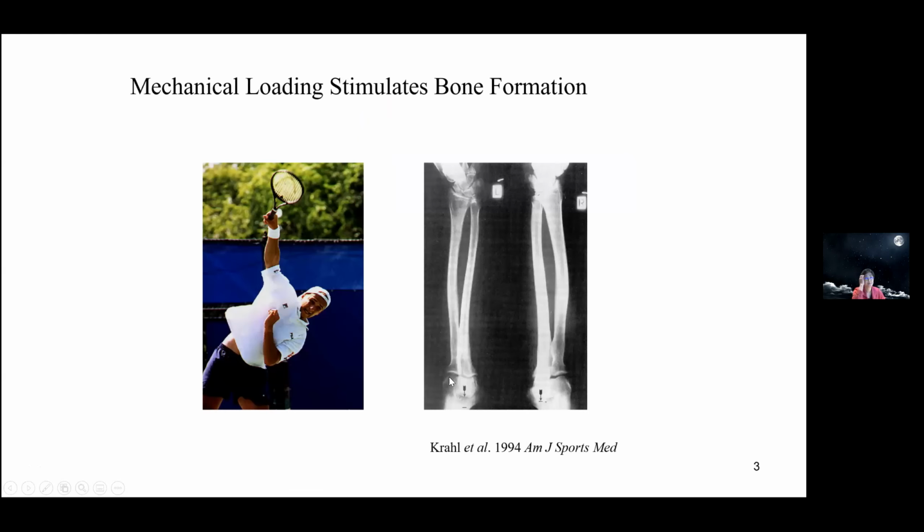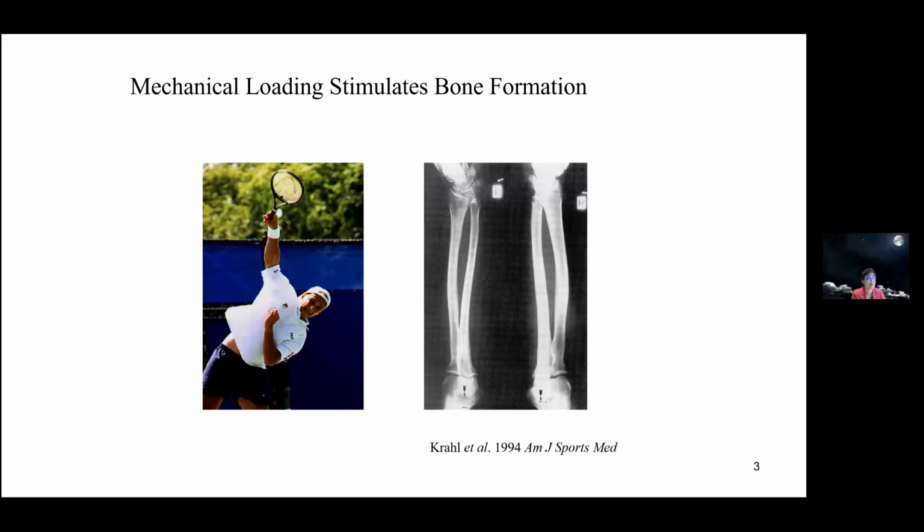Now, first I want to talk a little bit about the background, which is the loading effect on bone. Bone is a solid structure. Most people think about bone like a supporting structure without realizing that bone actually is a very dynamic structure.